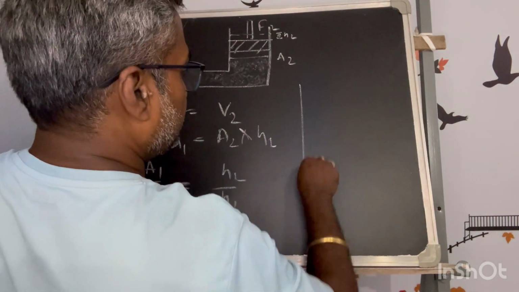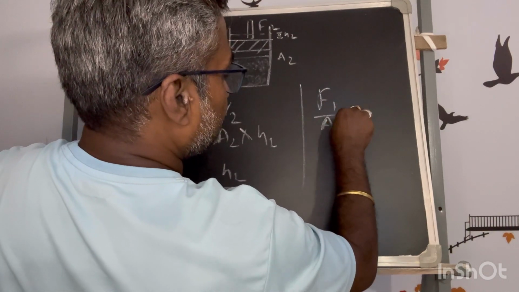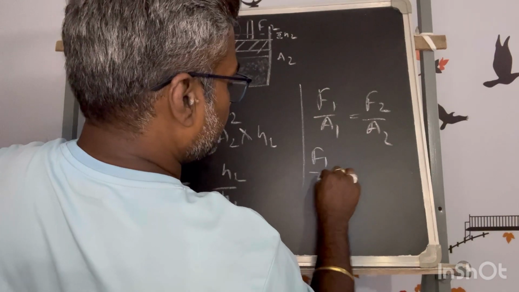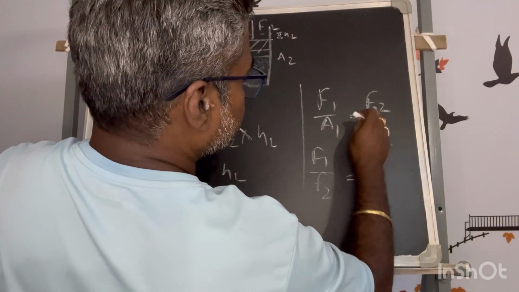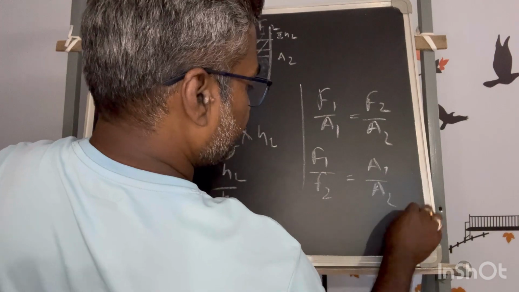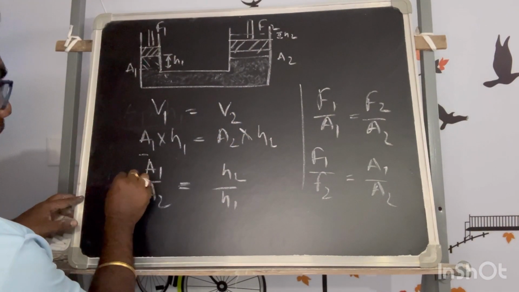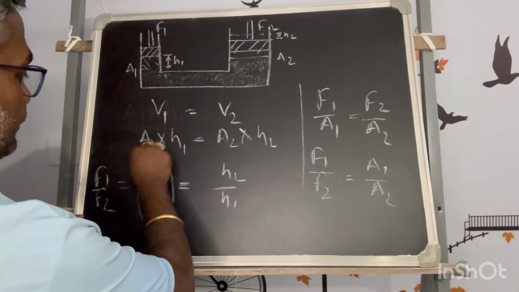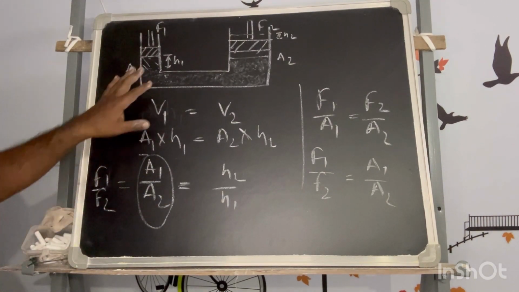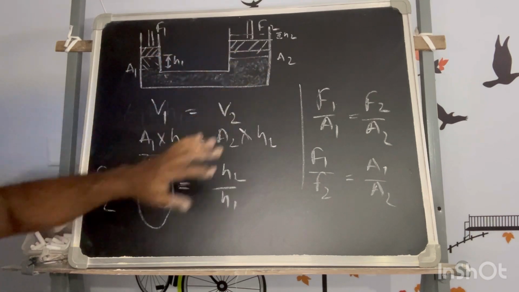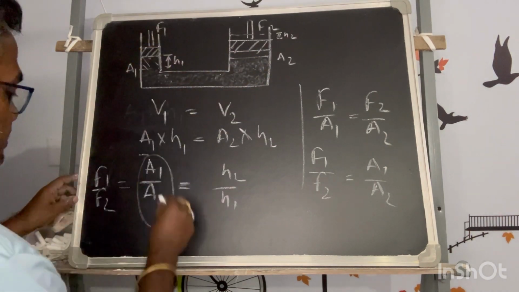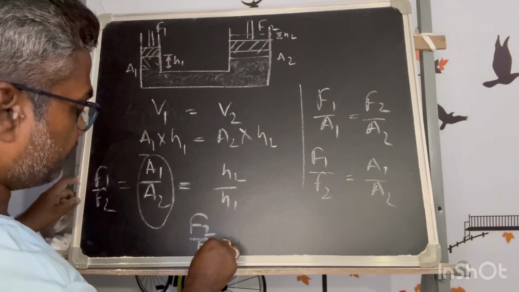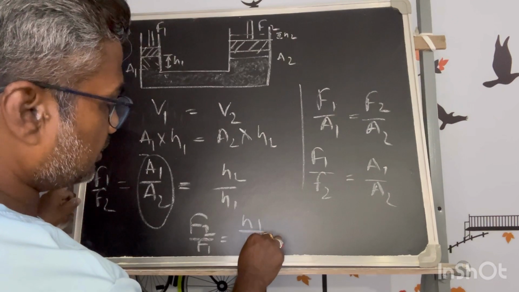Now a little while before, we got F1 by A1 equal to F2 by A2. So F1 by F2 is A1 by A2. Fine. Now A1 by A2 is equal to F1 by F2. Instead of taking the cross section, because if I am not able to get the cross section, by measuring the height also we can get the mechanical advantage with the height displacement.